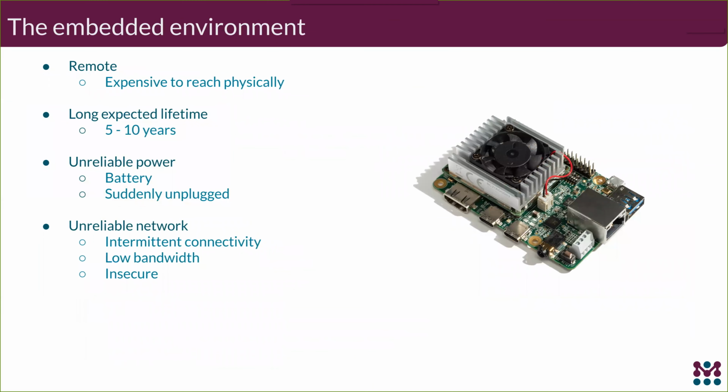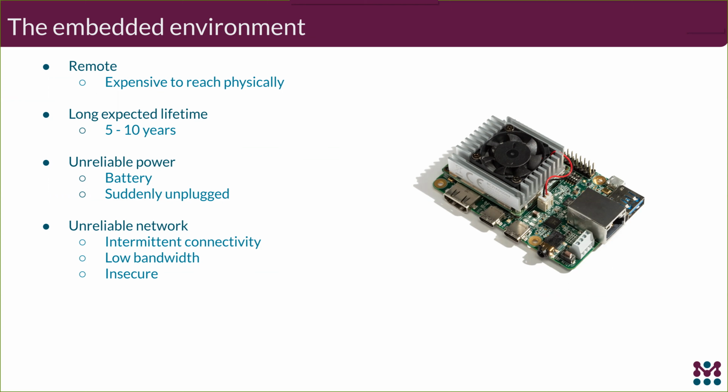So I wanted to talk a bit about the embedded environment and some of the key things which complicate over-the-air software updates. Typically, when you build an embedded device, you build it into a product and then you ship the product. The product can be embedded in a car, or in extreme cases, it can be underwater or on top of a mountain.